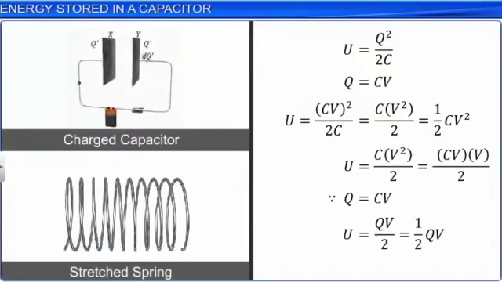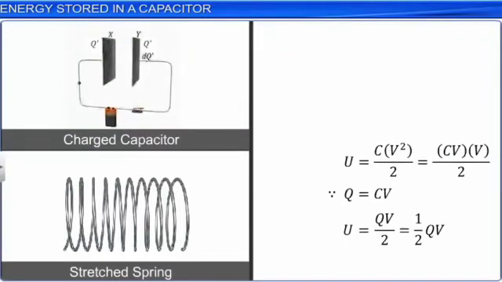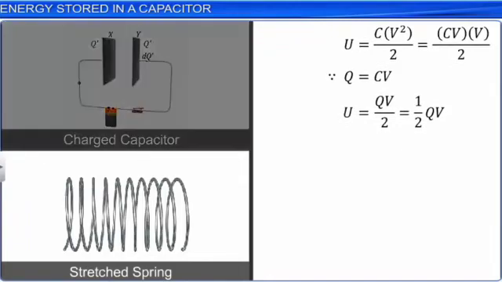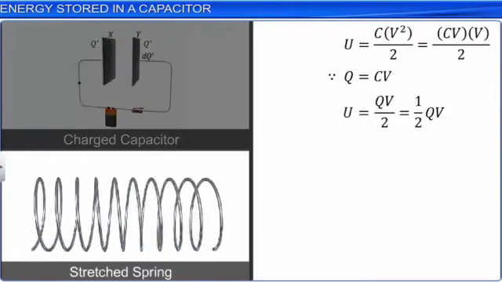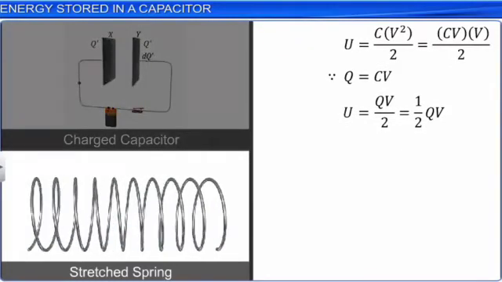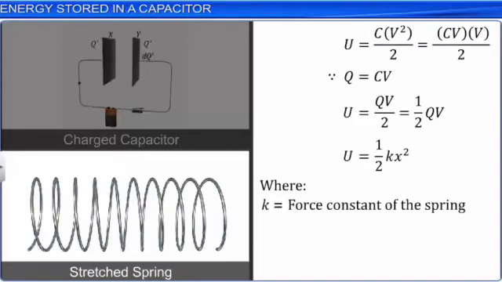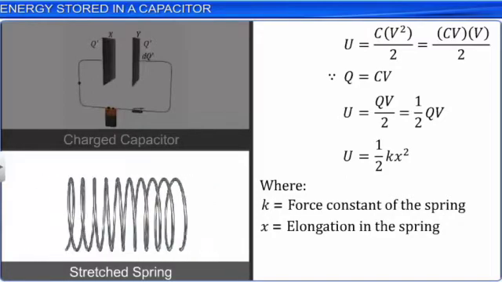A charged capacitor is analogous to a stretched spring. When the spring is stretched, it stores elastic potential energy U equal to half kx squared, where k is the force constant of the spring and x is the elongation in the spring. When released, the spring loses the stored elastic potential energy.